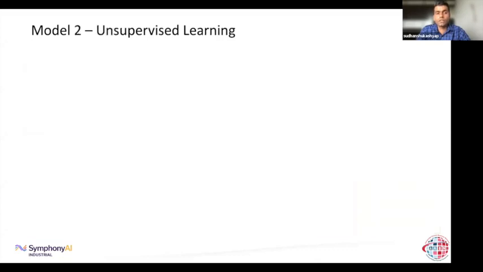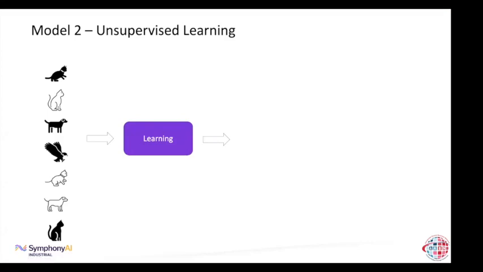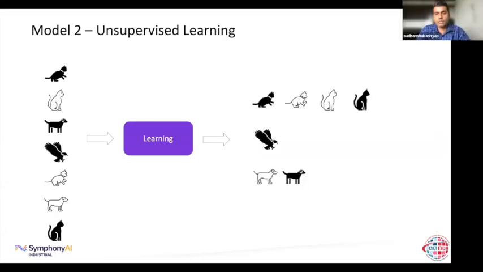Next comes unsupervised learning. In unsupervised learning, we're not saying this is a cat, this is a dog, this is a bird. We are not providing that information. We give all these images to a learning algorithm and ask it to separate them into logical groups. And what it does is say that this is one logical group. So basically it has taken all the cats and put them into one category, taken the birds and put them into one category, and then taken the dogs and put them into another category.